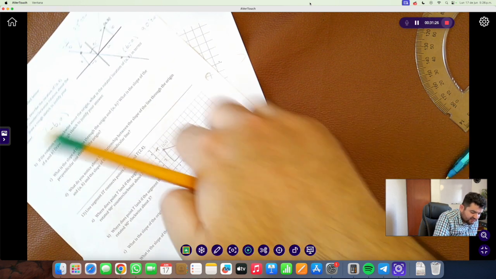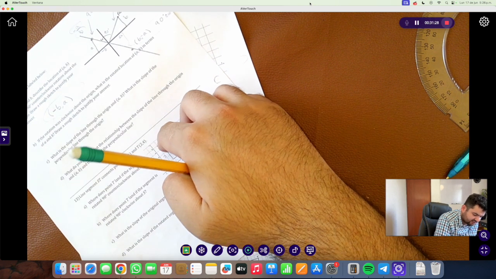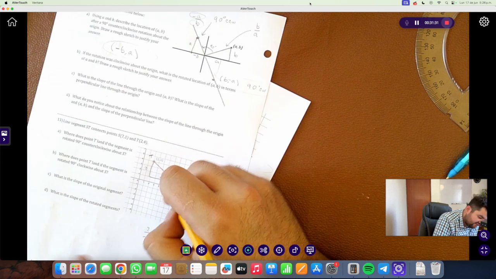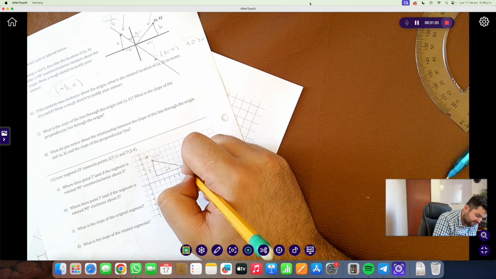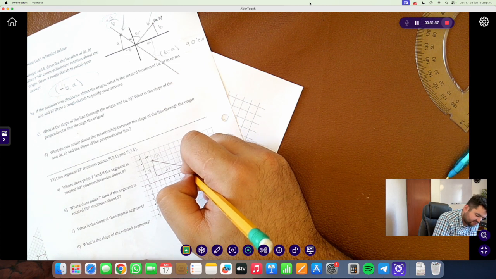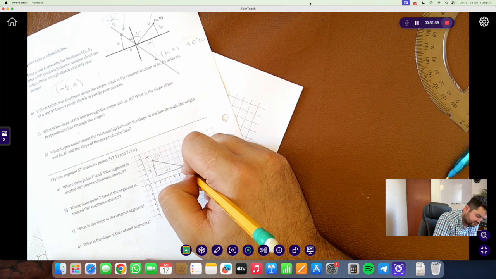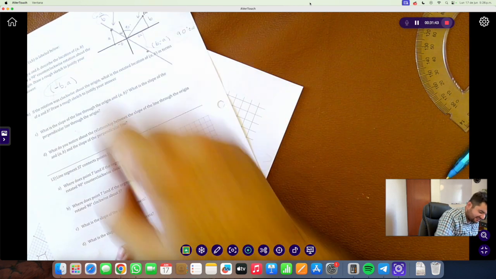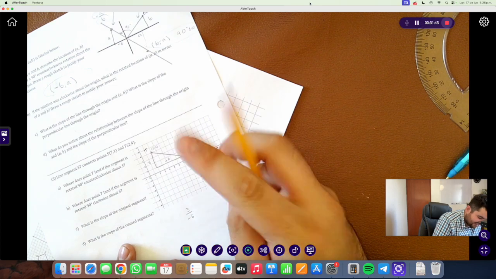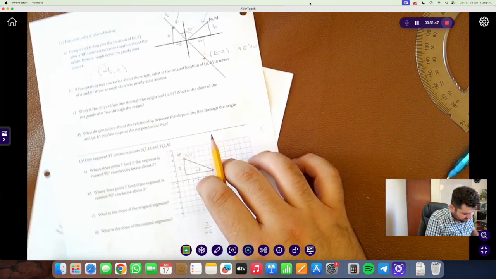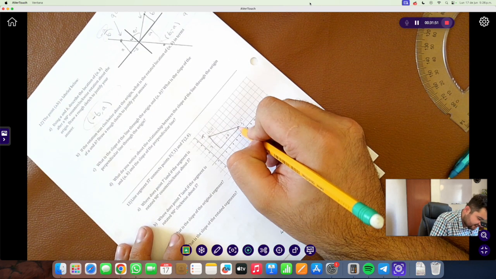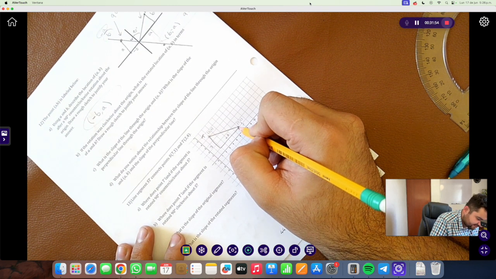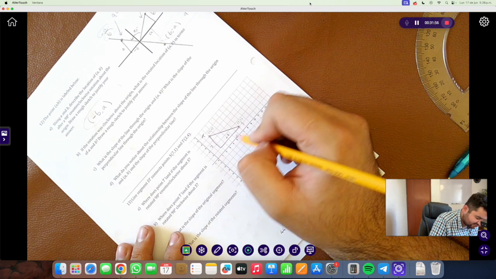So, if I want to rotate 90 degrees counterclockwise, I want to have a perpendicular line. So I'm going to go rise 3. I know it's the same mistake. Okay, we switch them, sorry.